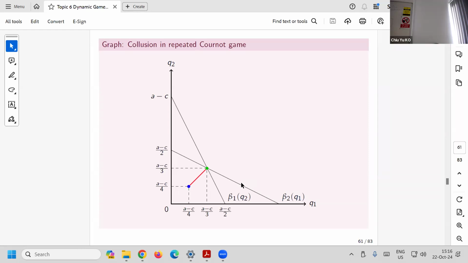So if they can collude, they go to the blue, but if they're not good enough, they slowly approach the green. I think that is a very nice diagram to show how patience changes the possible outcome. If you repeat the Cournot game, with only one game, that's green. If you give them enough patience, they're blue. If not, they end up in the upper-hand corner.